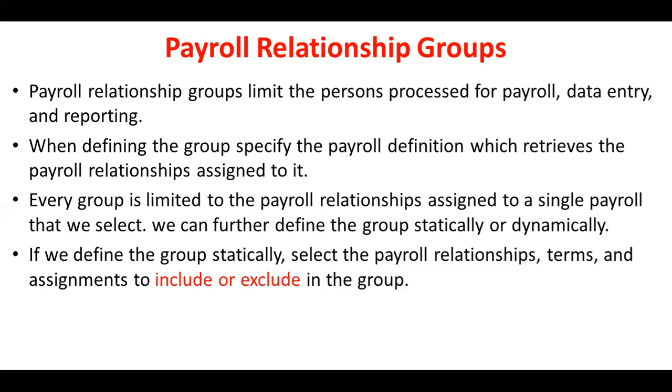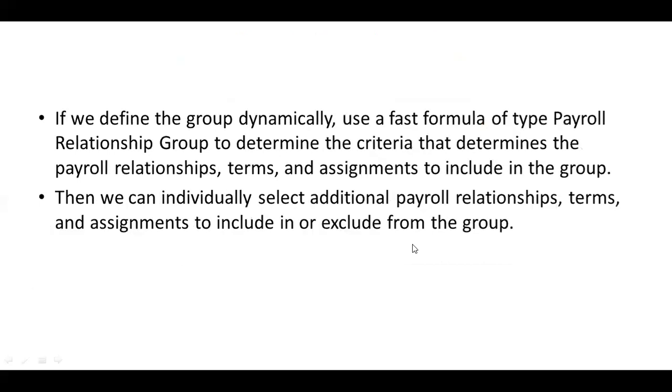So where do we use this? At the time of running the payroll, either for quick pay or for standard payroll, the system will ask us to select the payroll relationship group, that is, the object group. We choose that option there.